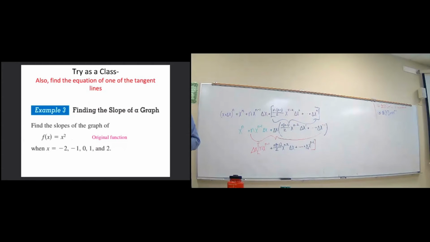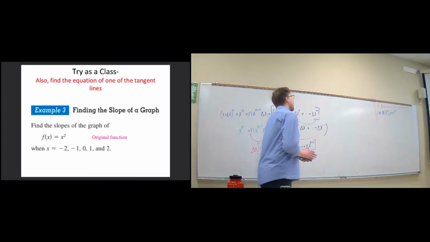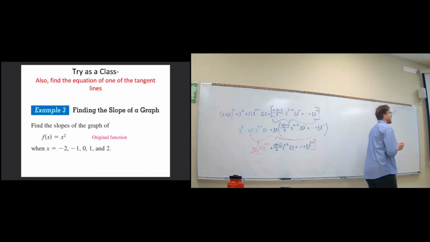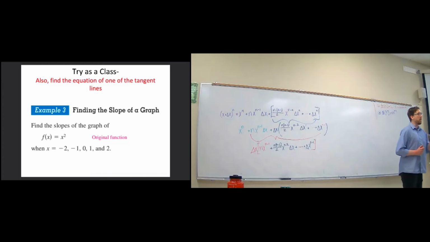Does this make sense what I mean? So why is this? This is because the derivative is equal to the slope of the tangent line, right? And we can think of the slope of the tangent line as being equivalent to the slope of our function at that value, right? Does that make sense what I mean?